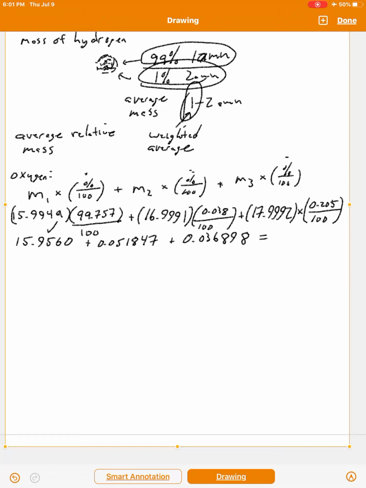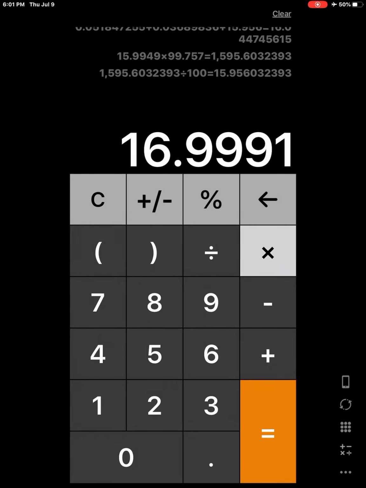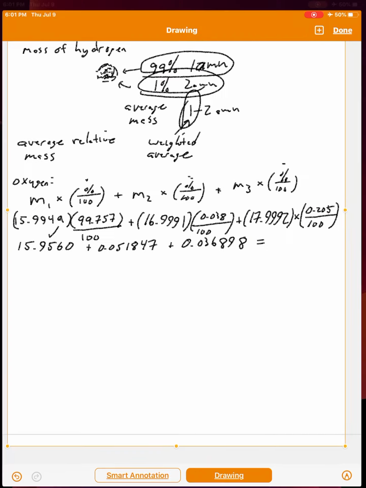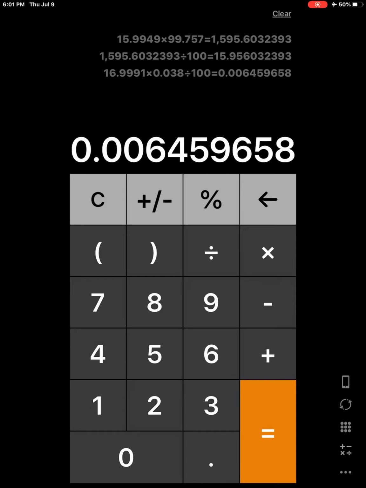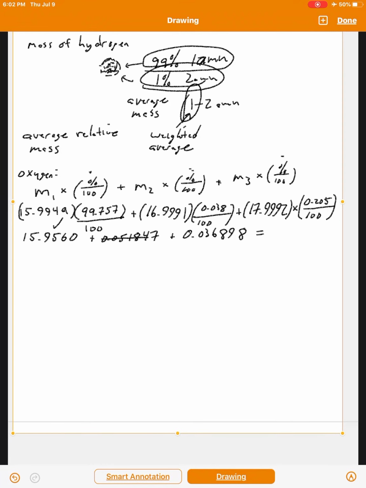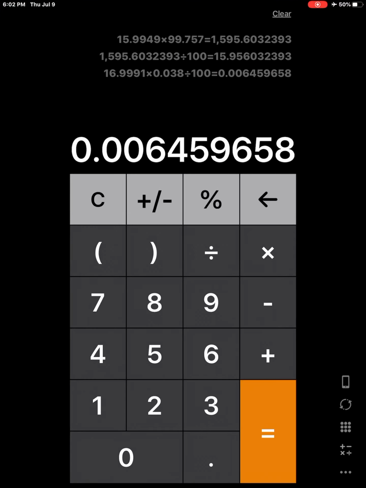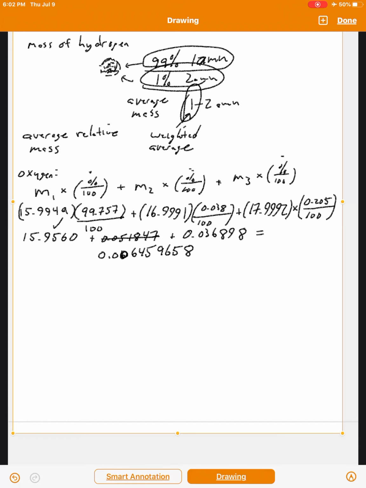I suspect there's a possibility one of these I messed up, but let's see. 16.9991 times 0.038 over 100. 0.0, there we go, there's a mistake. 0.006459658. 0.00645 9658. And then the last one might be right.